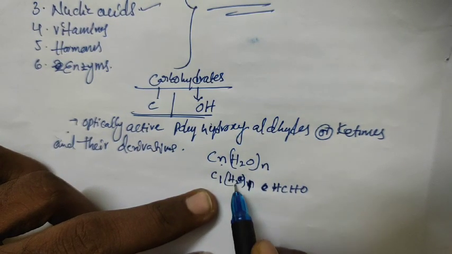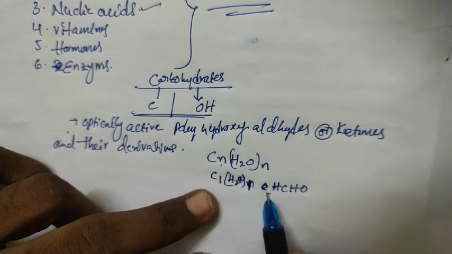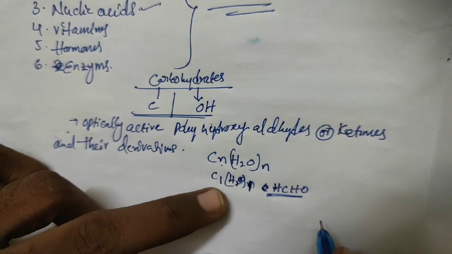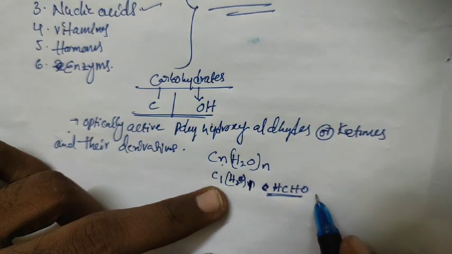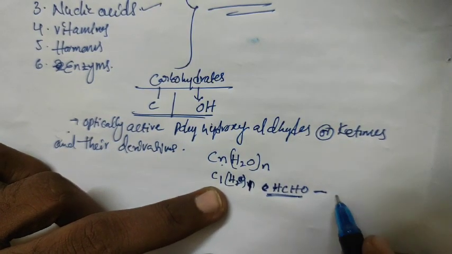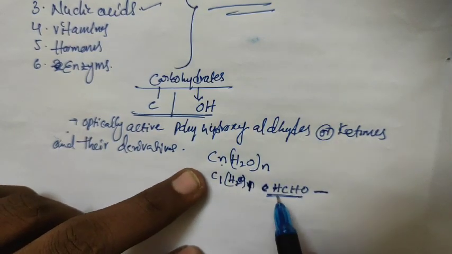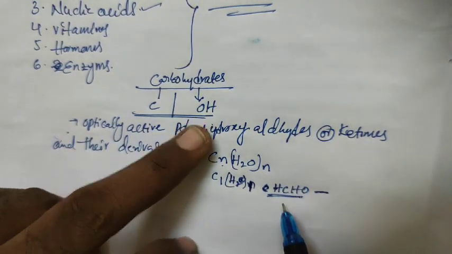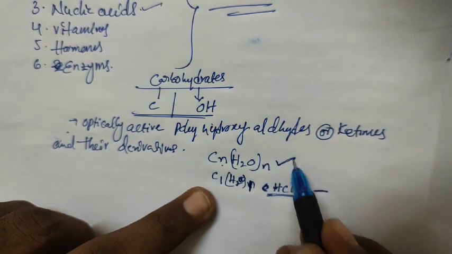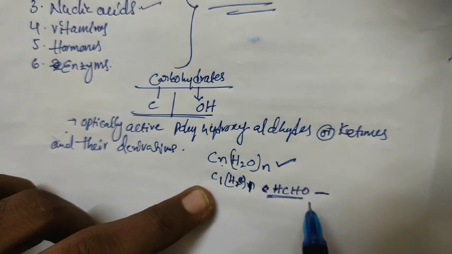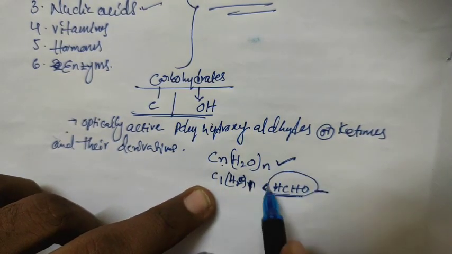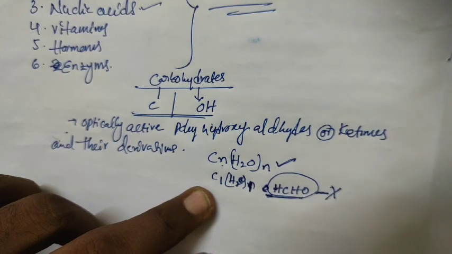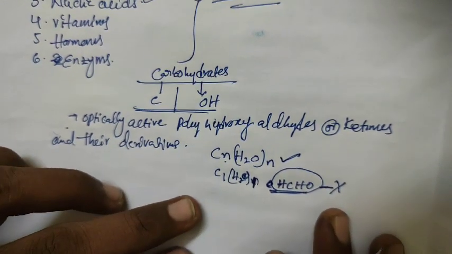Oxygen 1, hydrogens 2, carbon 1, this is formaldehyde. It satisfies the formula, but it is not a carbohydrate, it is formaldehyde.